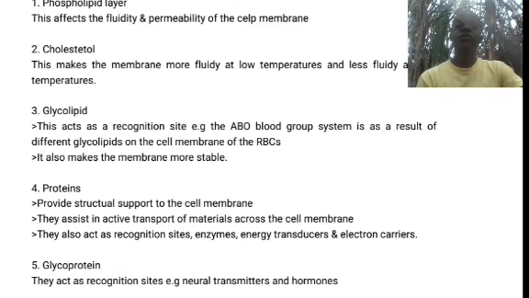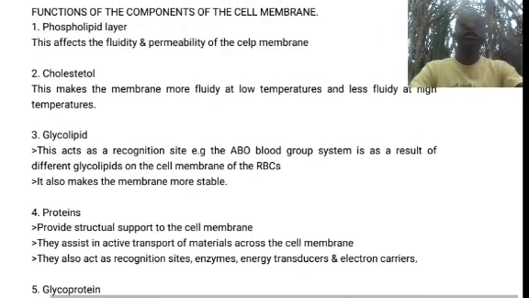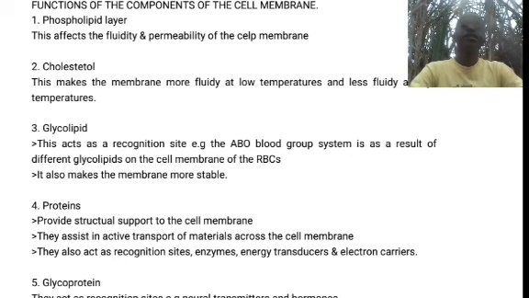So for the doctors to determine your blood group, they have to use your glycolipid that is found on the cell membrane. From the diagram above, you can go and check that the glycolipid is there. It also makes the membrane more stable. It increases the stability of the membrane.